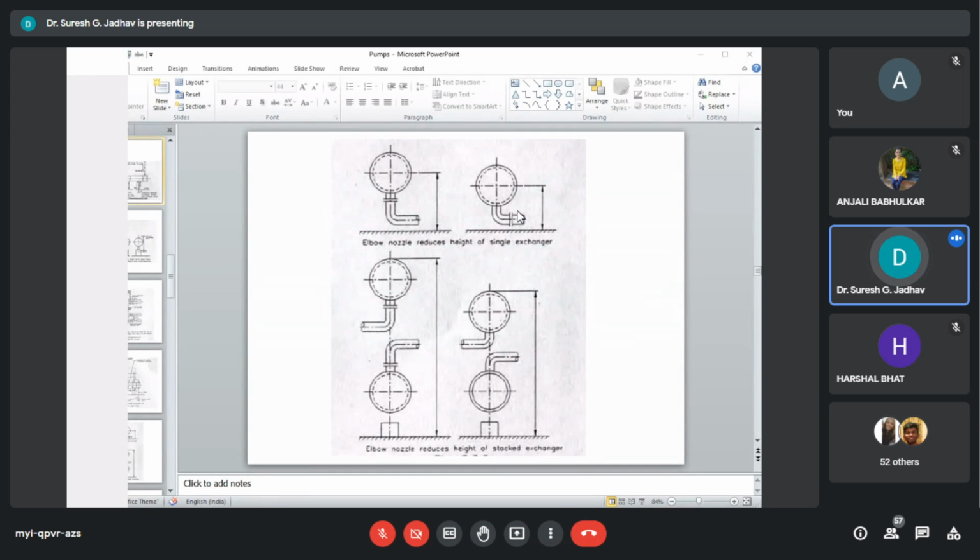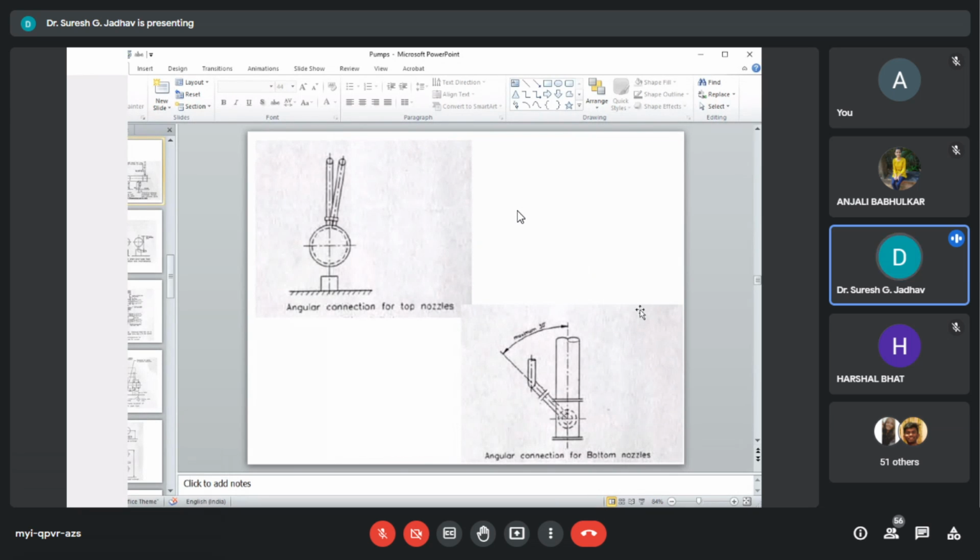And here, an angular nozzle can save one or two bends in the pipelines. The maximum angle from the vertical center line can be about 30 degrees.